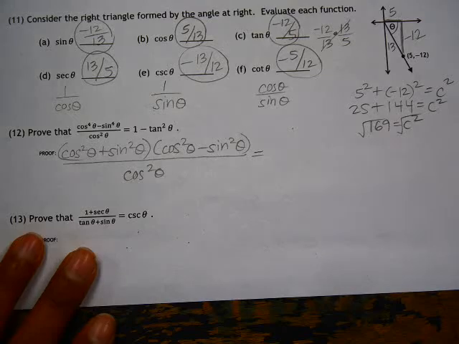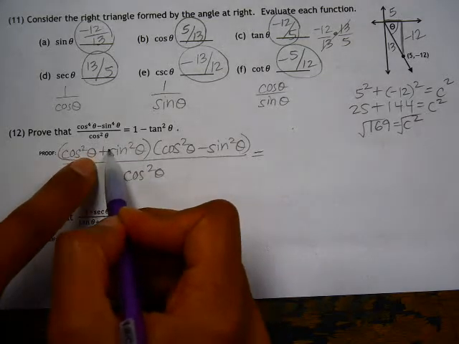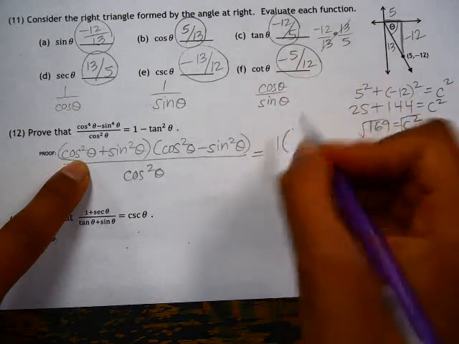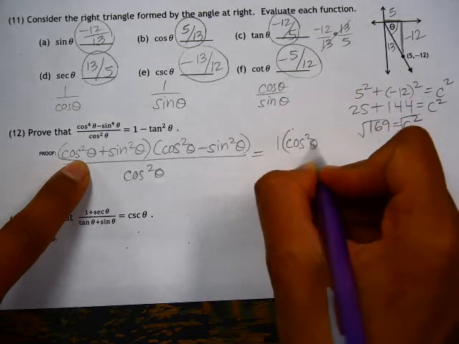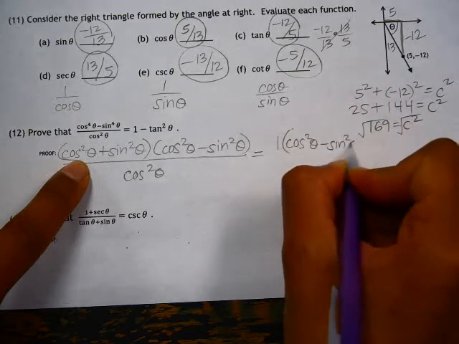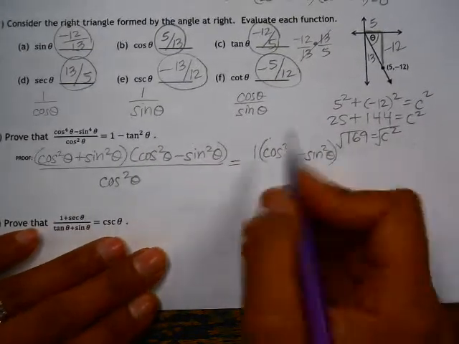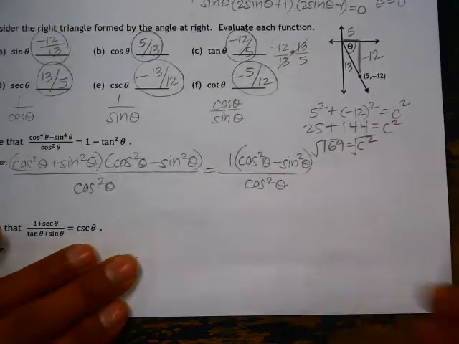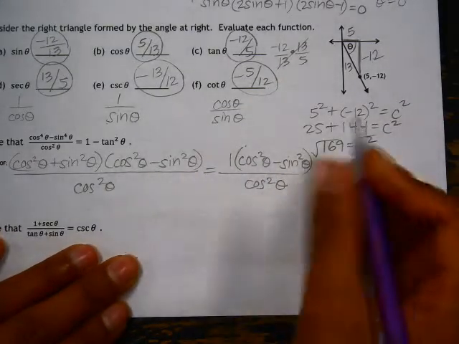Well, we have an identity that tells us that sine squared plus cosine squared is 1. So I'm going to substitute a 1, and then I have cosine squared minus sine squared, both of these terms are being divided by cosine squared.